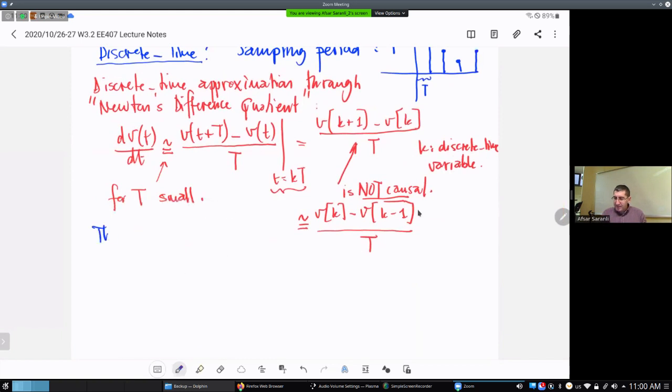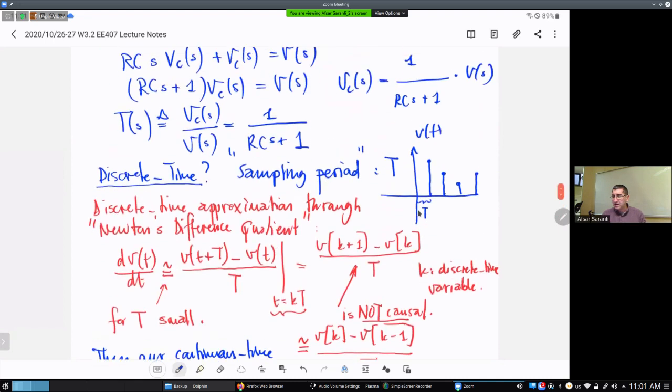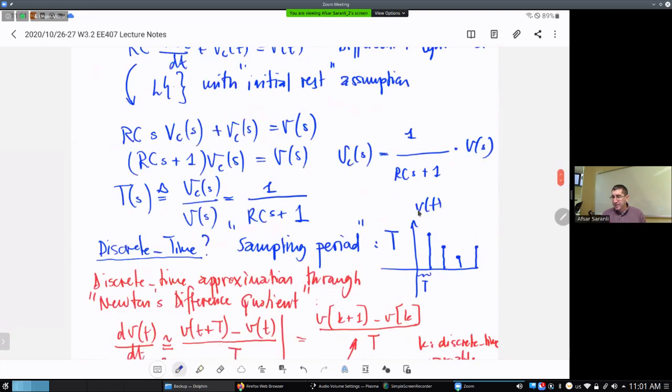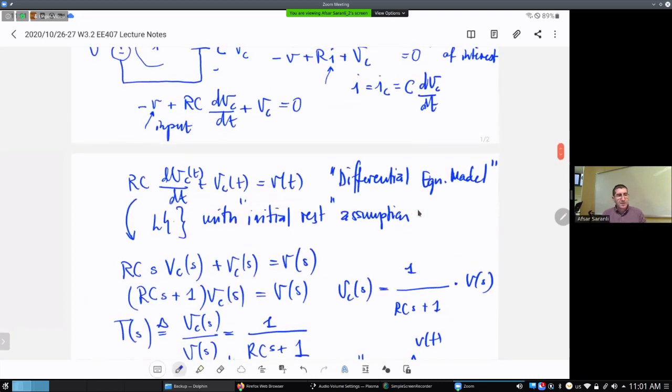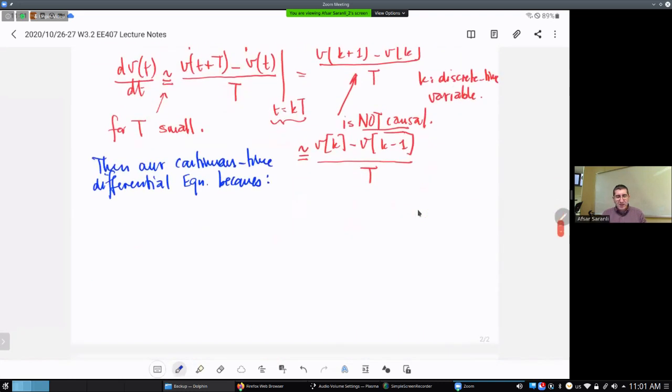Now, our continuous time model, the differential equation, becomes... I write my differential equation, which I had over here, at the beginning of the next page. And I just replace the derivative operation.